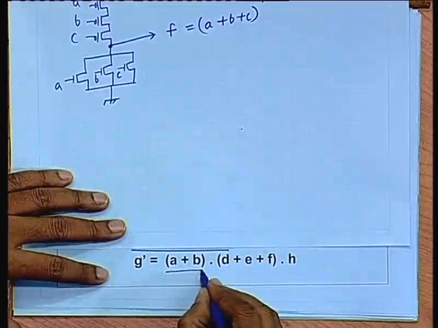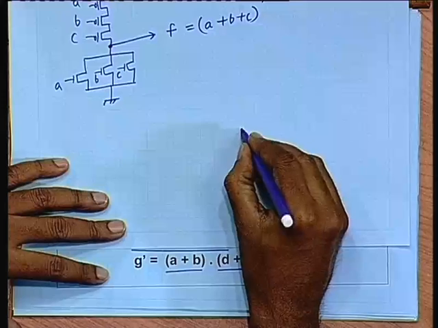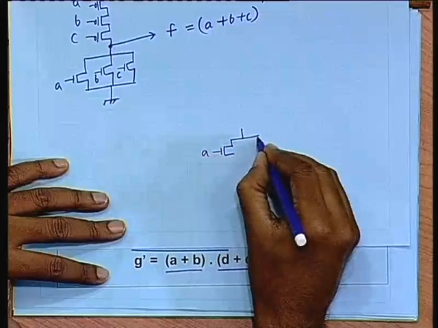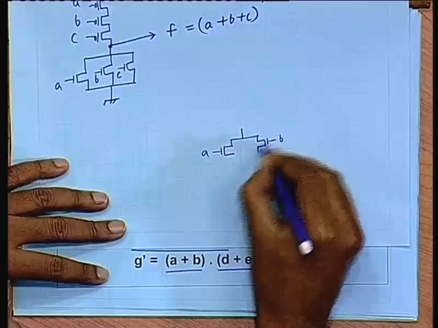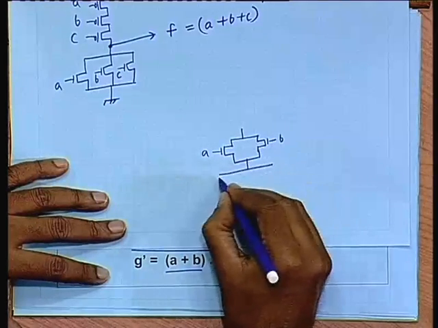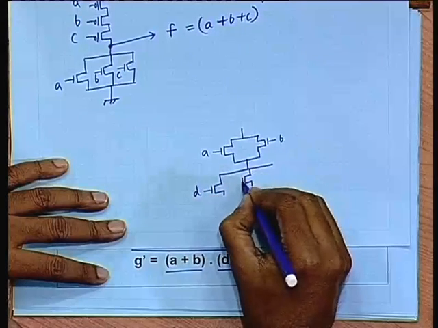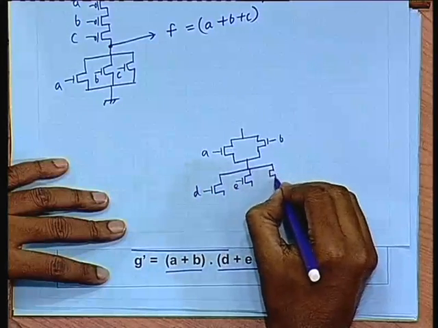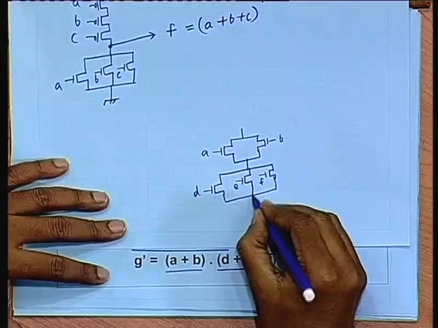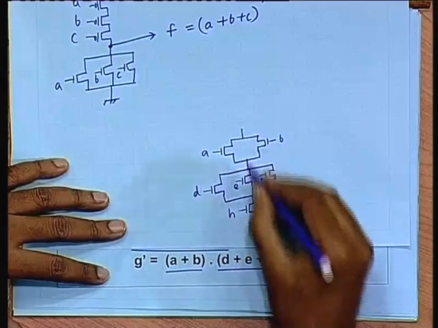There are 3 parts which are in series, first A or B, A, B, and D or E or F, D, E, F, and H. This is the pull down network.